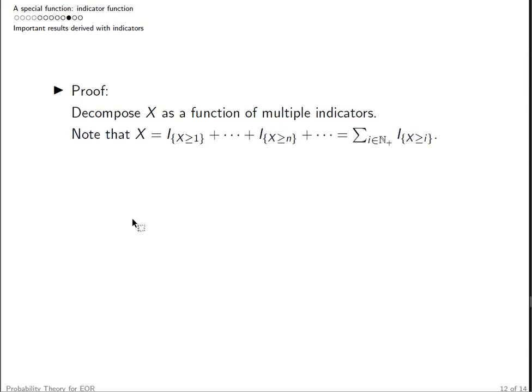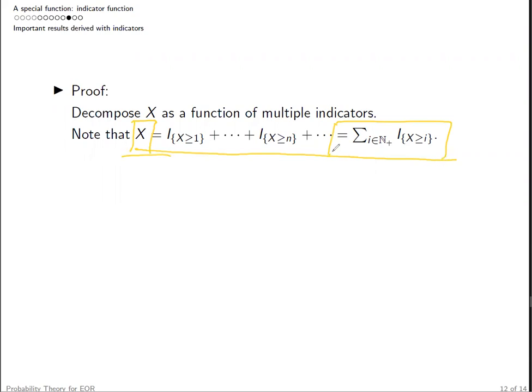Well, note that this random variable can be rewritten as a summation of indicator random variables. Now I claim the left-hand side is exactly the same random variable as the right-hand side. Why?